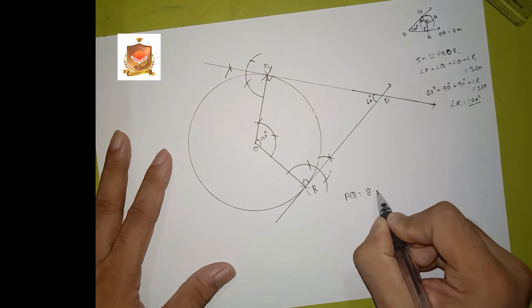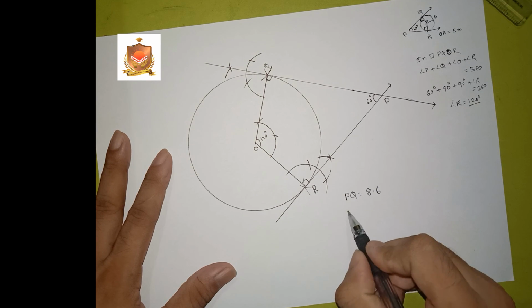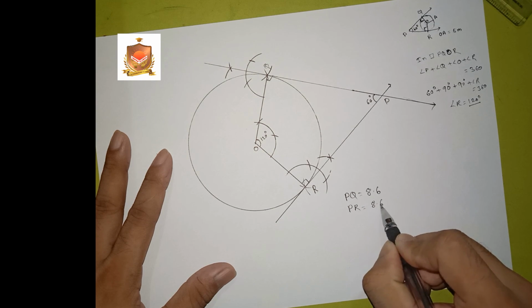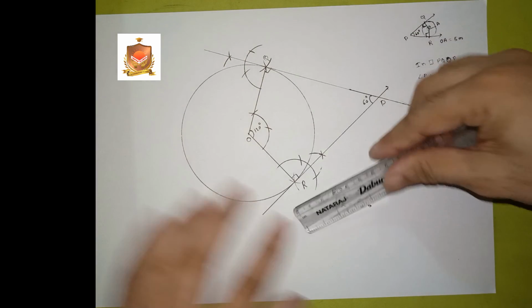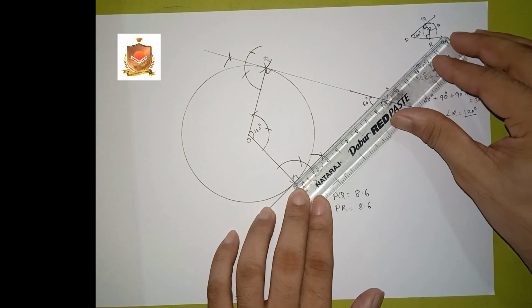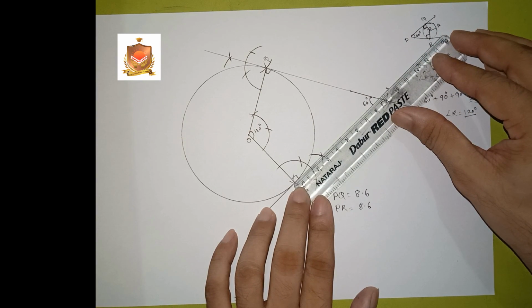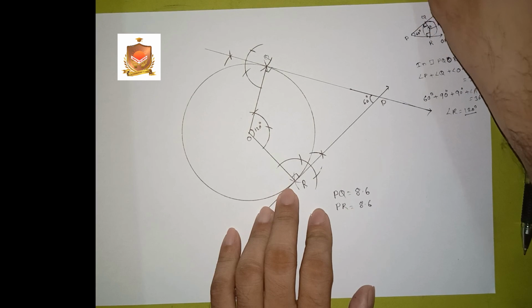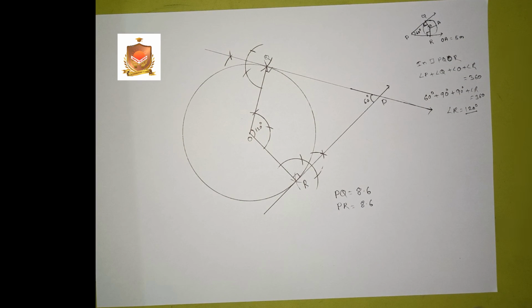PQ is equal to 8.6. PR is also equal to 8.6 because the tangents are drawn from the same point. Same thing, it is also coming between 8.6 and 8.7. So we will take it as 8.6. Thank you.